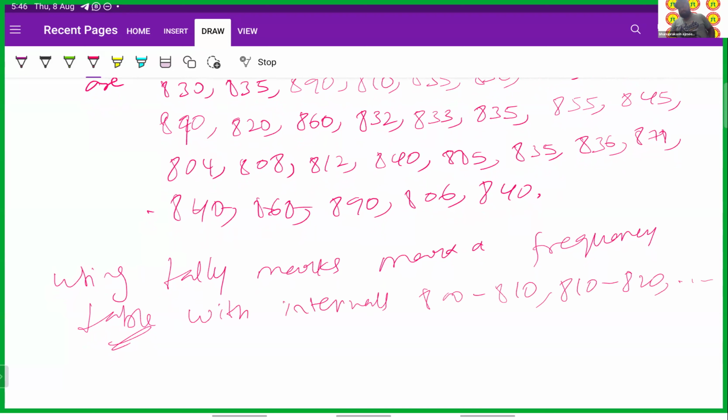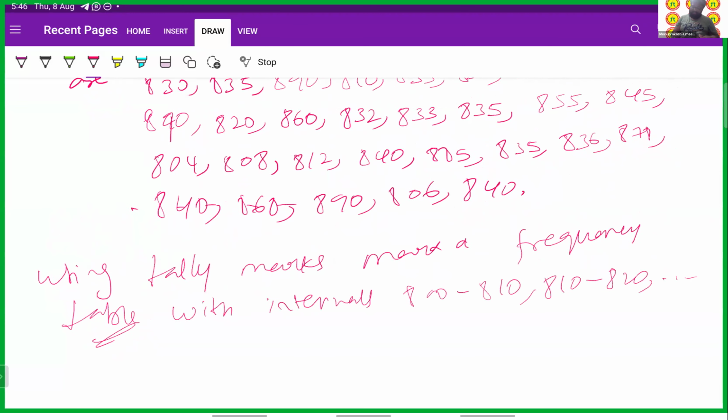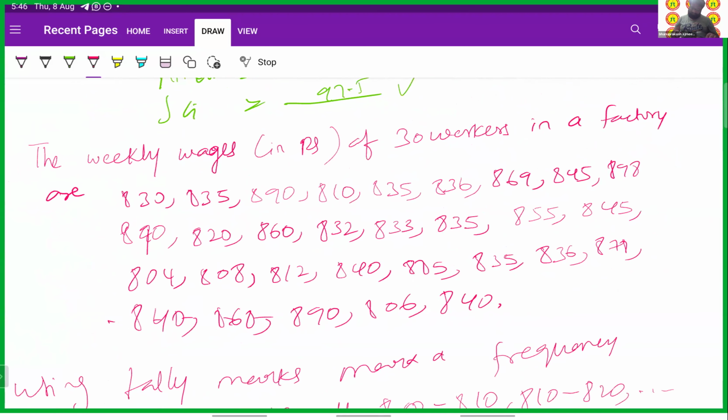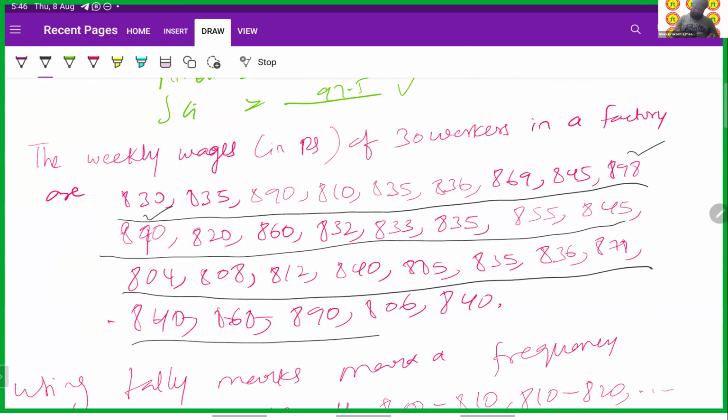So now what will you do? Let us check if there is any number which is the highest number. I'm going through all the numbers now: 898 here, 890 here, 890 here.